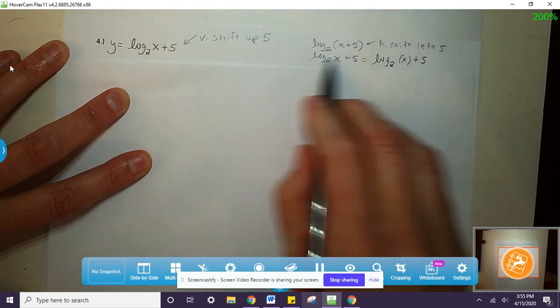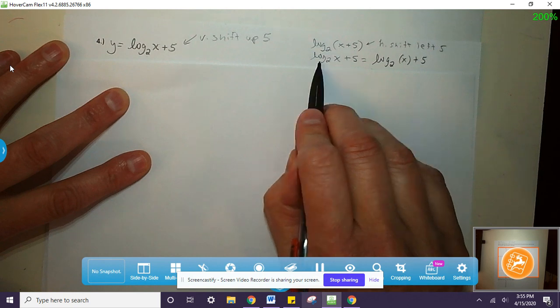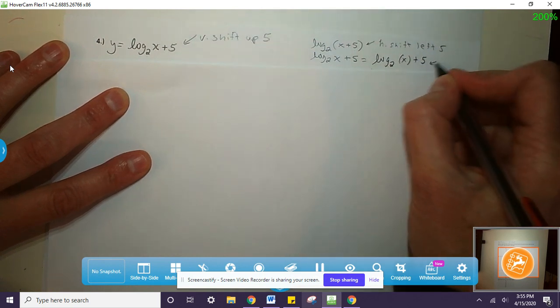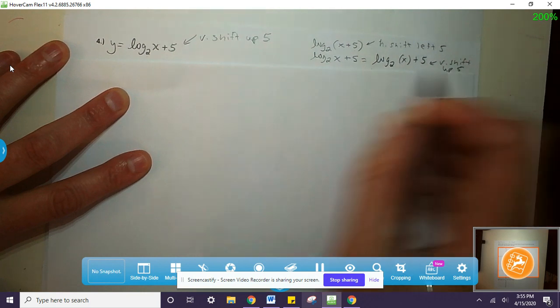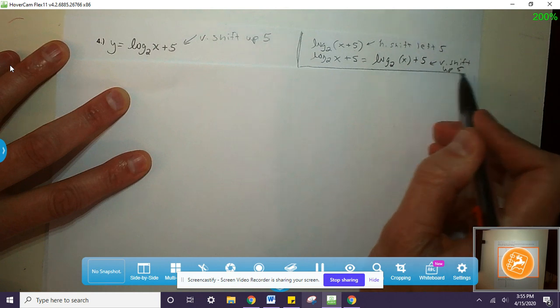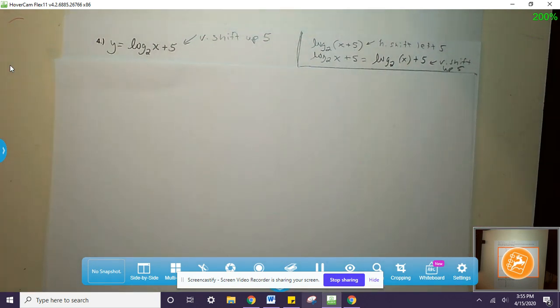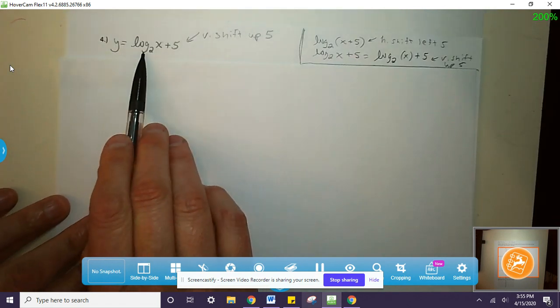So if there are no parentheses written, it's only that first term that's inside the log. That's why this one's a vertical shift up 5 instead of a horizontal shift. You might want to make some note of that on the side because that can be tricky to tell. Okay, so I think you can try this one without me.